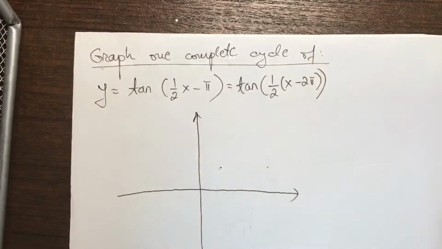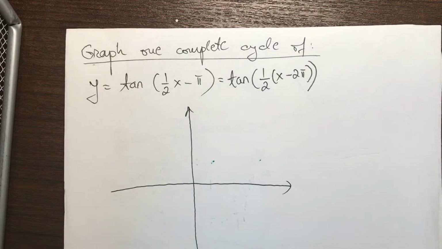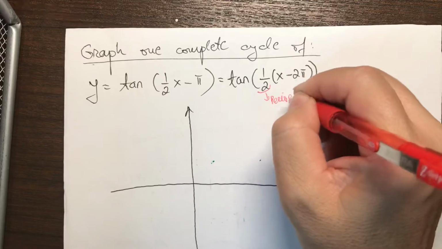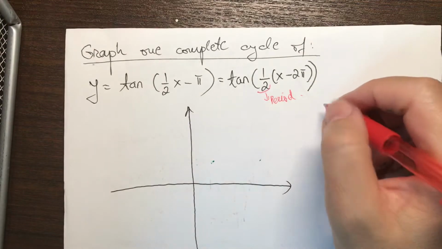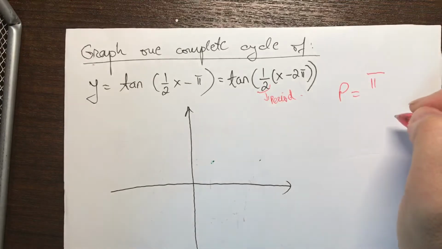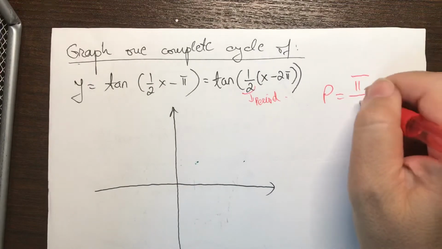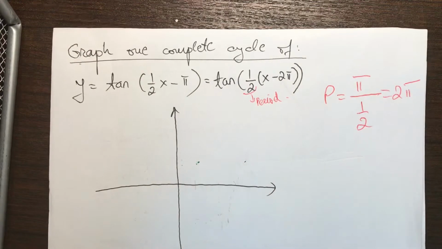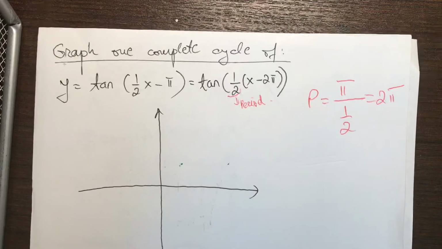So definitely, what do we have? Because of this 1/2, the period is going to change. The period before was pi, right? For the tangent, the period is pi. I'm going to divide this by 1/2, and now I'm going to get a full 2 pi period for this. Then what else am I going to do?